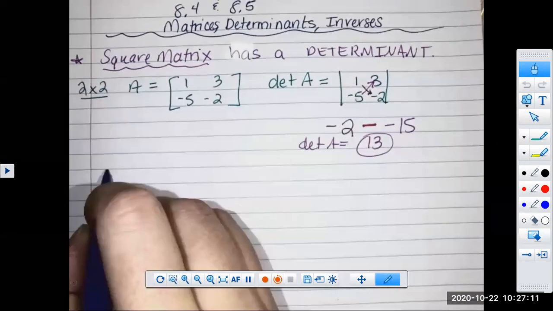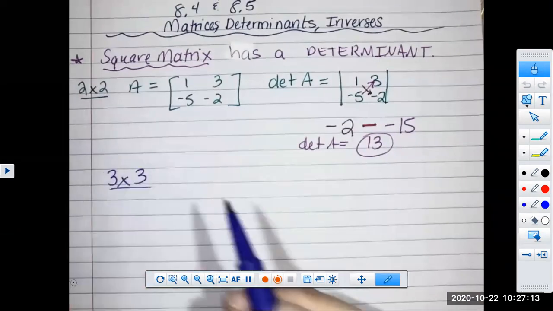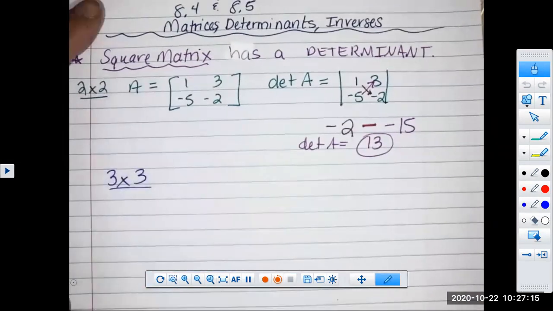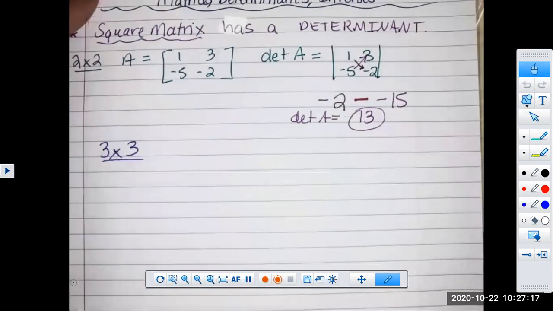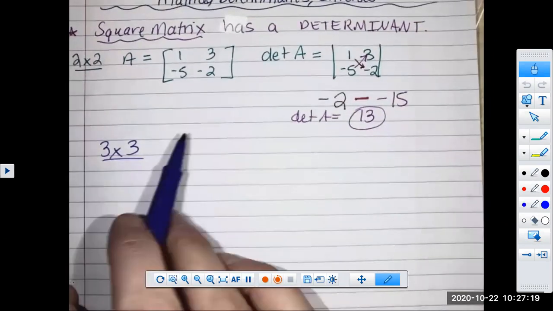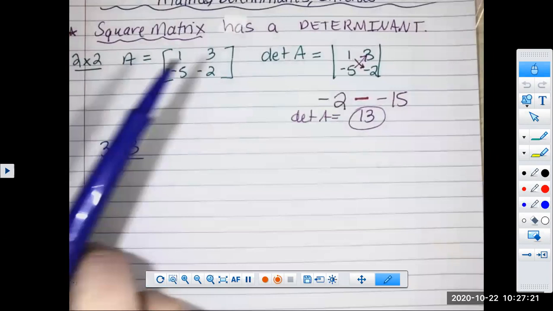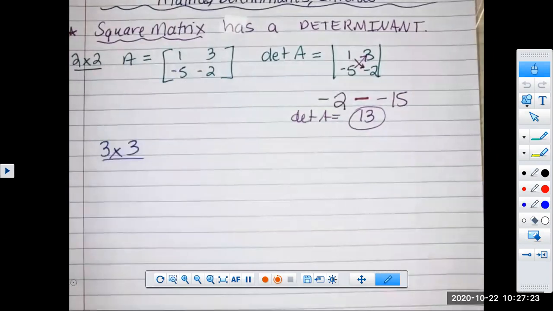Okay, for a 3x3, there are two ways that we're going to look at. The first way is multiplying diagonally, both directions, just like we just did with a 2x2.